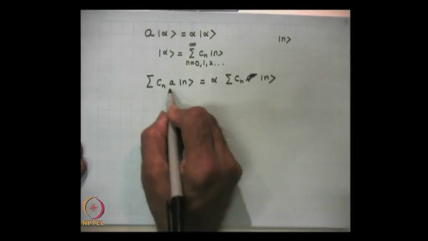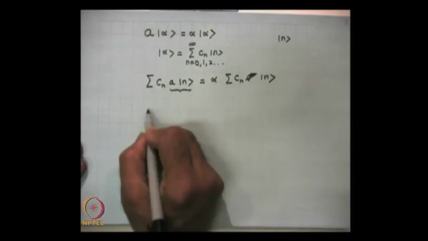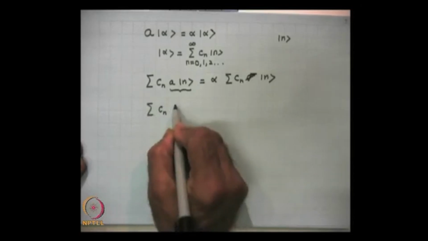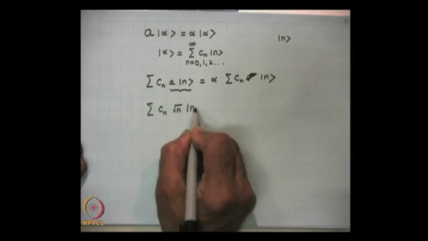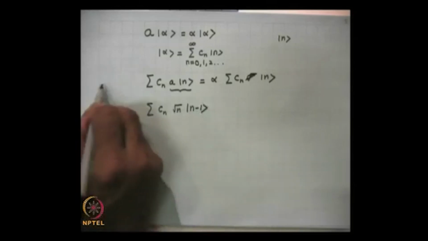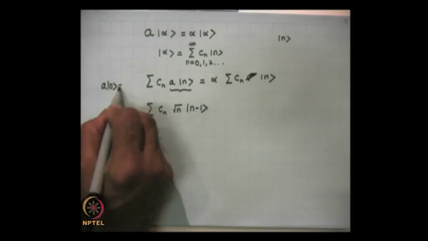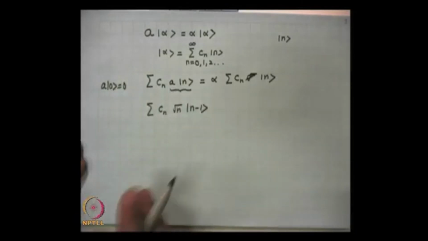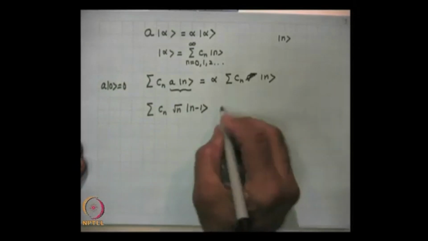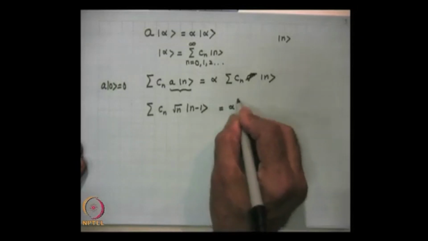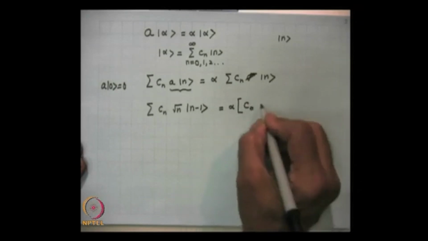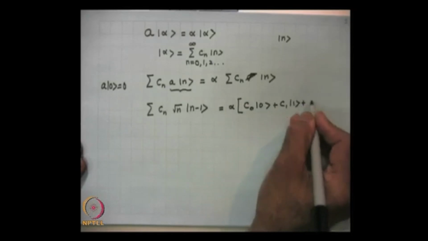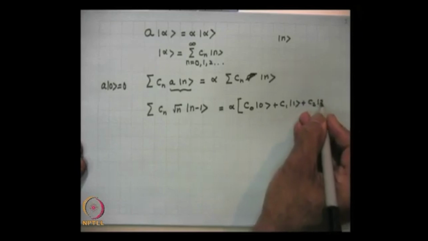We now know that A ket n is just C n under root of n, ket n minus 1. Of course, A ket 0 is a null ket, so the first term becomes 0, and on the right hand side this becomes alpha C 0 ket 0 plus C 1 ket 1 plus C 2 ket 2, etc.